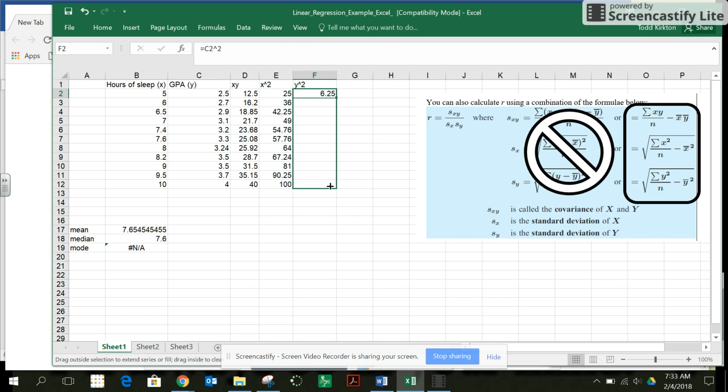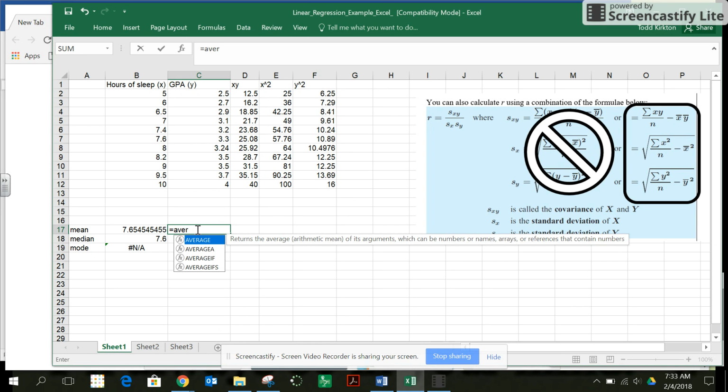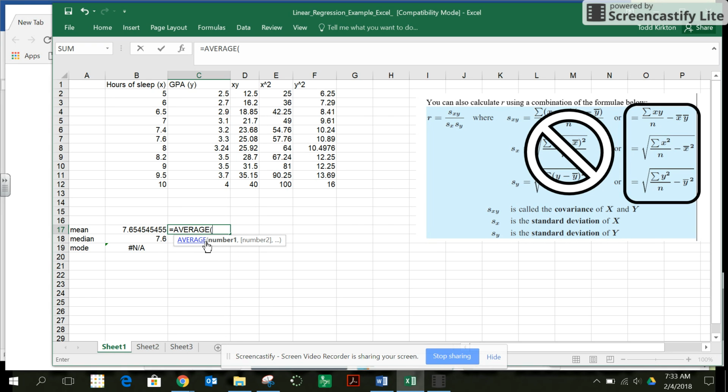If you notice over here, these summations, I'm going to need to total the xy's, the x squareds, and the total of the y squareds. I also should find the mean of the y values.